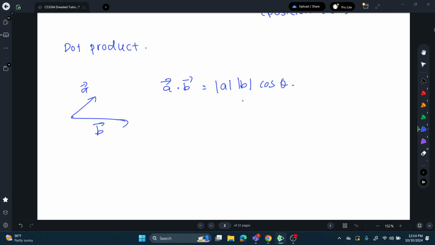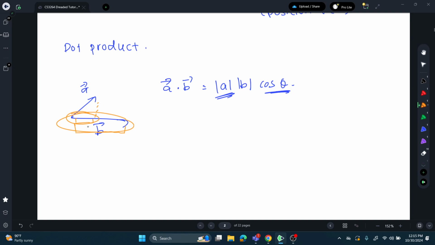If I just take this, A cosine theta will tell you the length of just this segment. This is basically your A cosine theta times the length of this B. In essence, your dot product is telling you the product of this length with this length. That is your dot product.